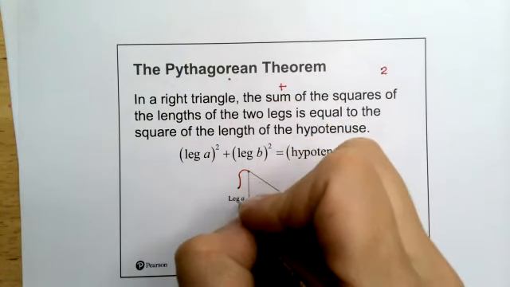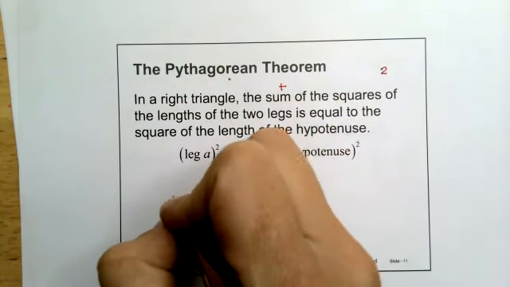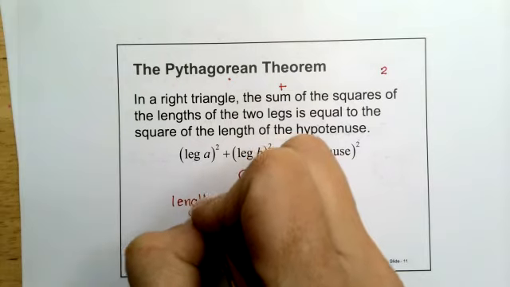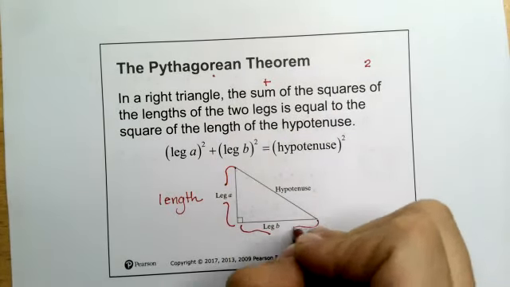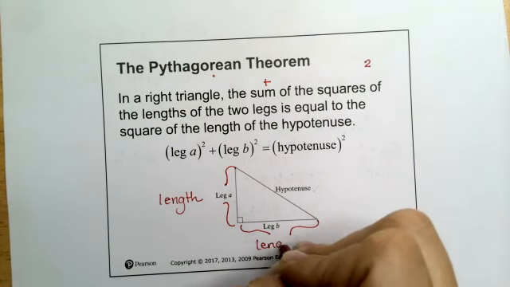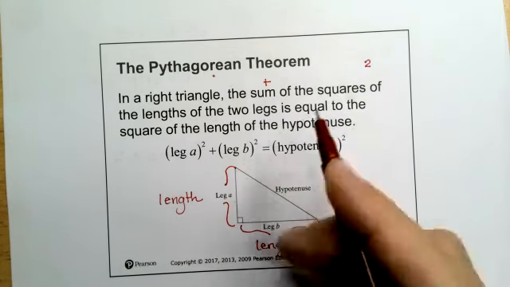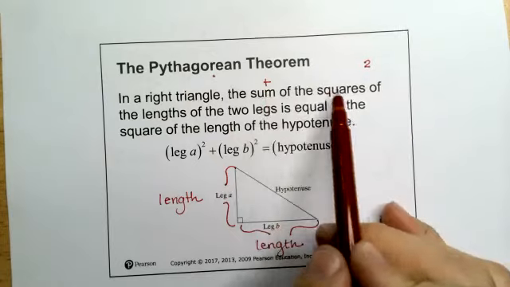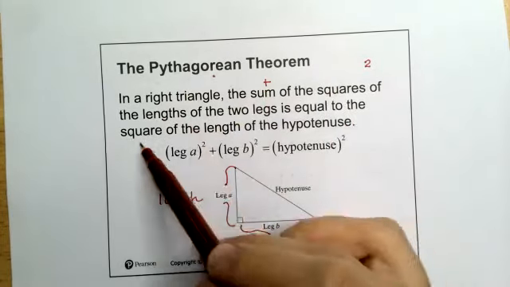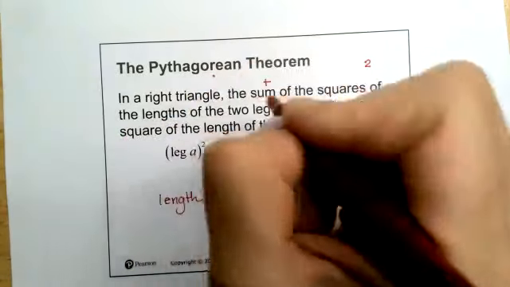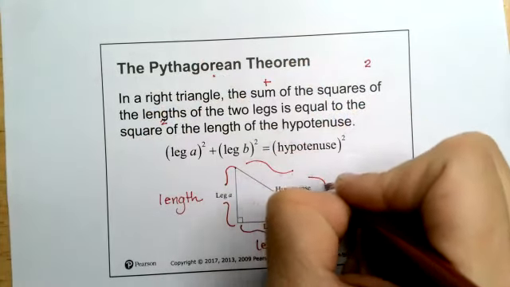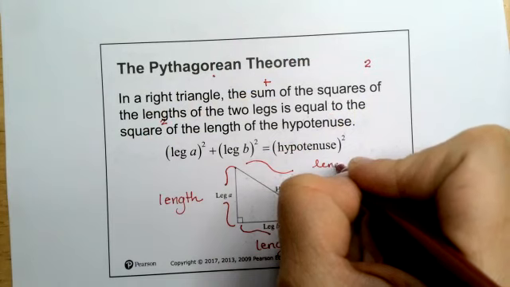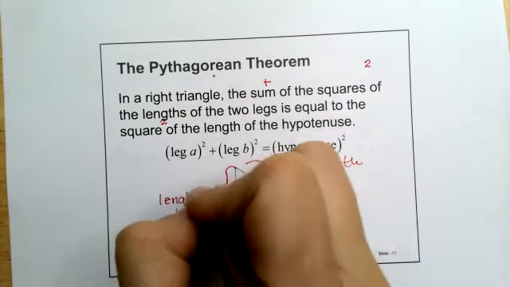So this is length 1. I guess it has to be length A. The lengths are these 2, right? The sum of the squares of the lengths is equal to the square of the length of the hypotenuse.